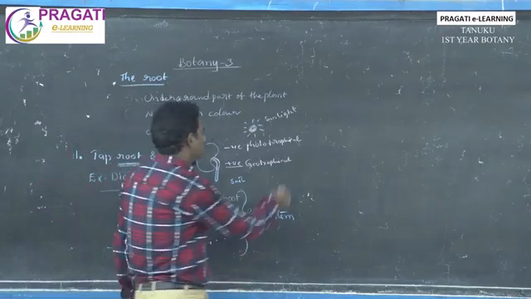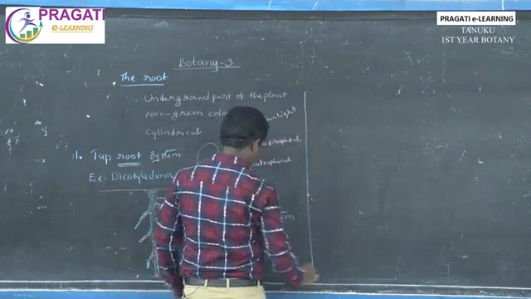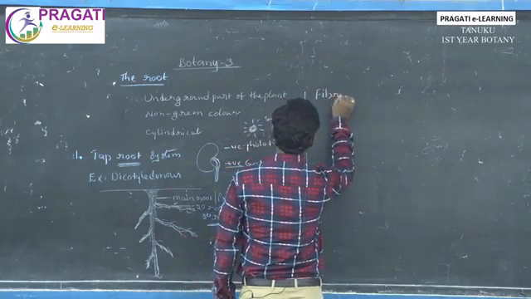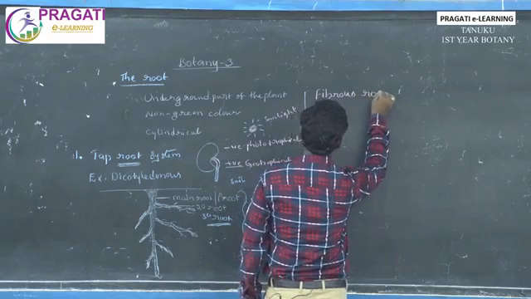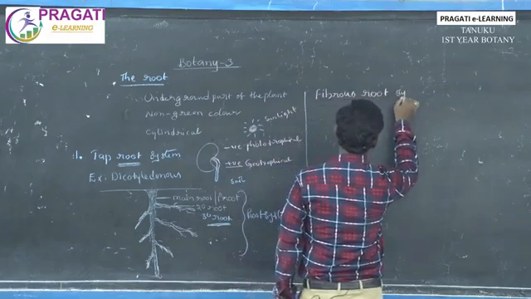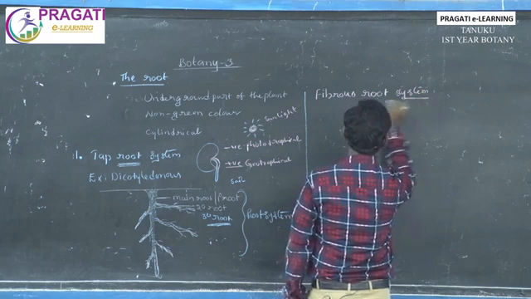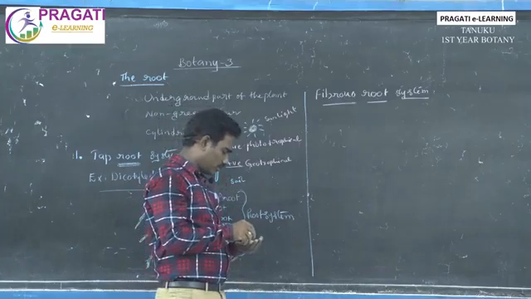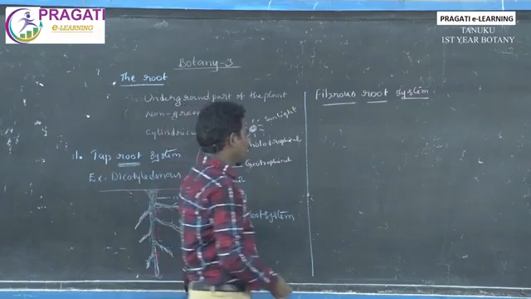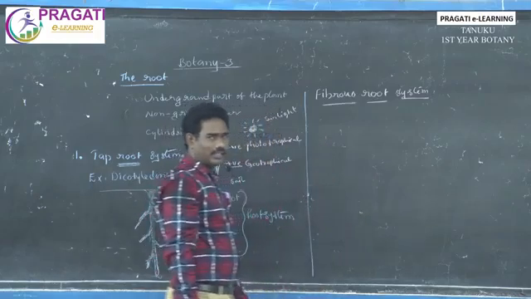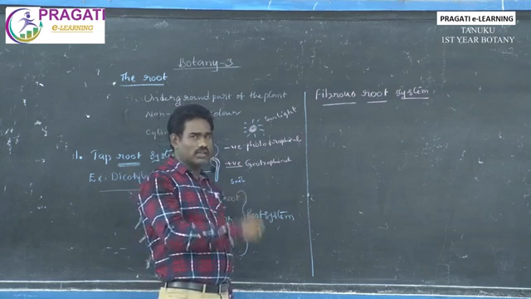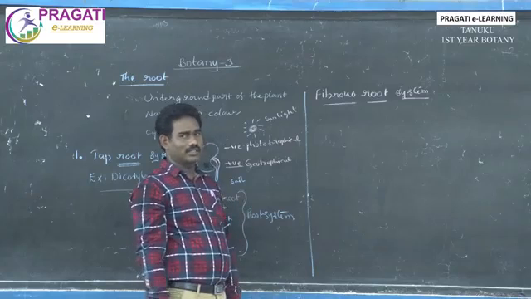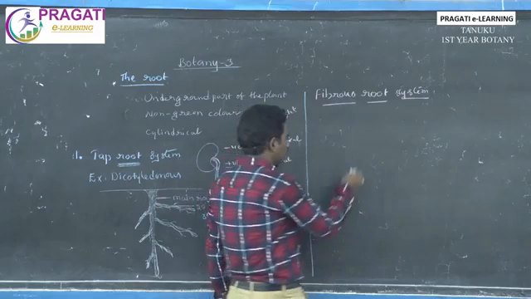Next, fibrous root system. In the fibrous root system, the primary root develops from the radicle, but it is short-lived, ephemeral, and later degenerates. This root exists only during germination time.